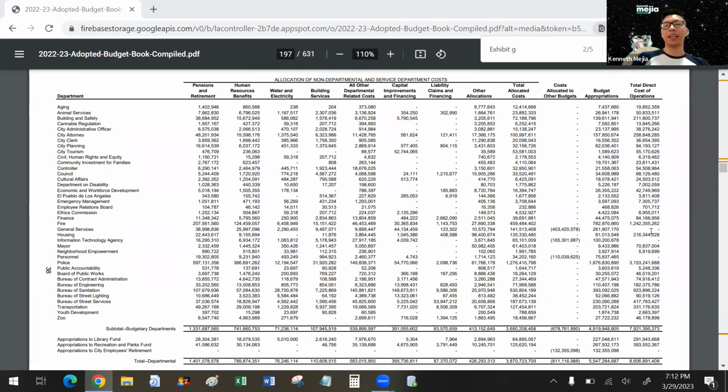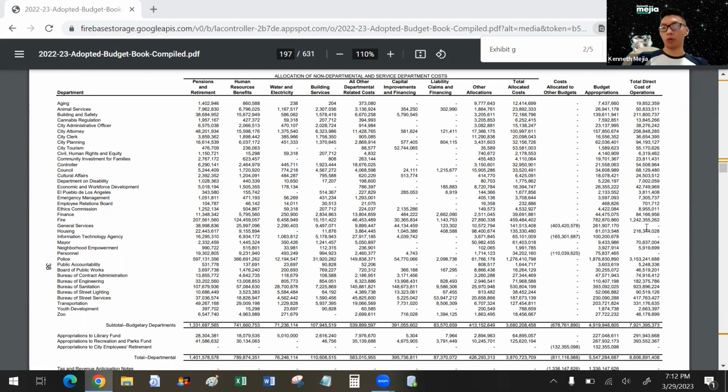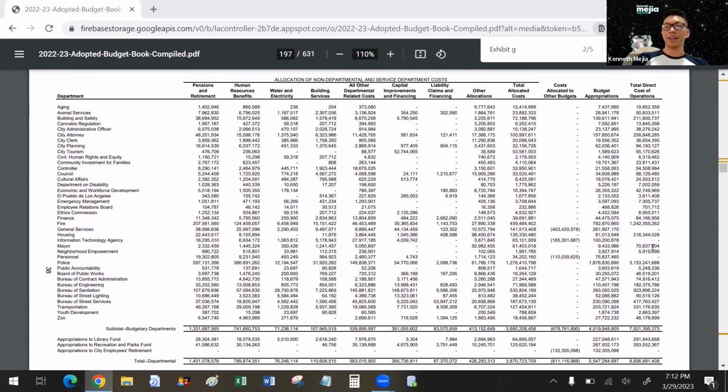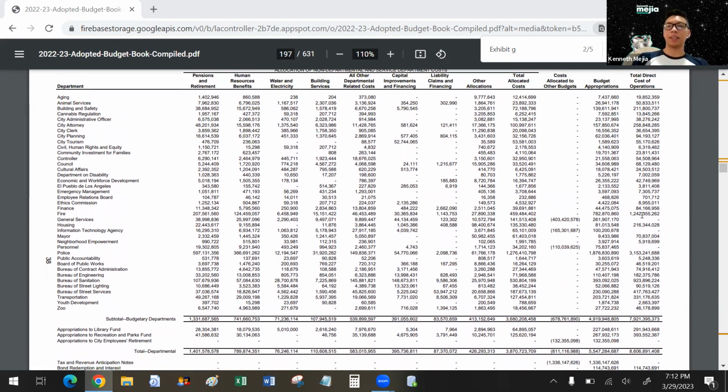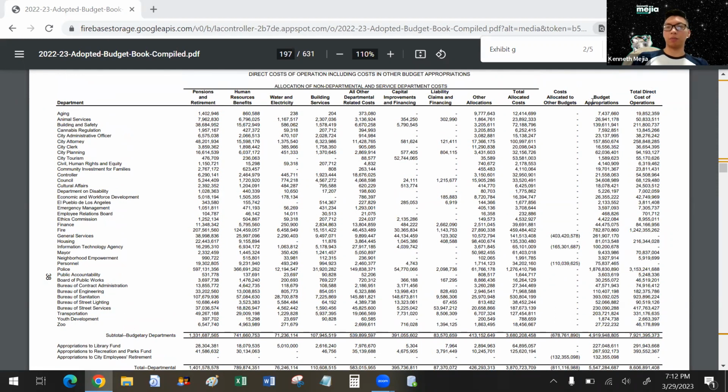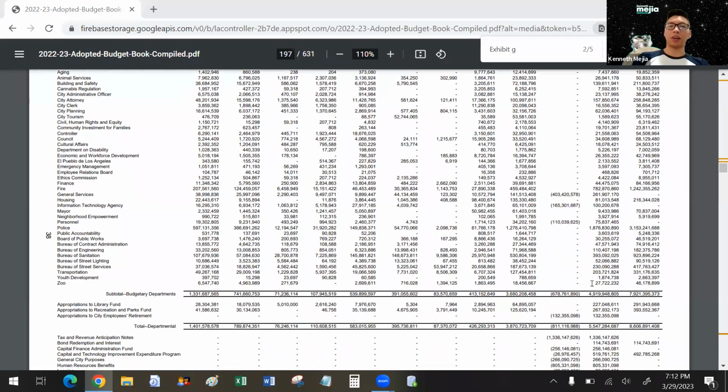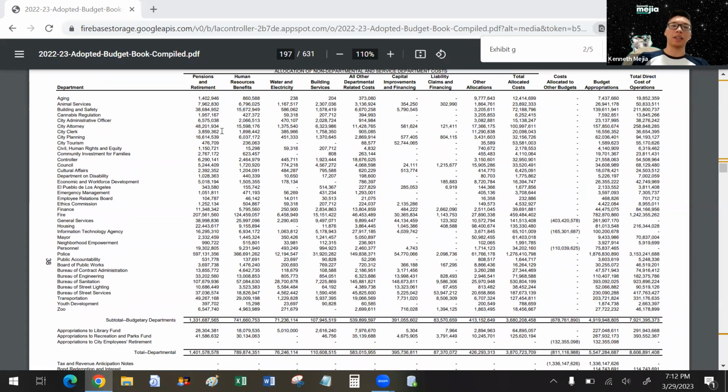A lot of the media only like to cite the operational budget, but if you wanted to know how much each department is slated to get in this budget, you would look at the total budget, which would be the far column on the right here. This shows you everything in terms of their operational budget, which is under the budget appropriations column, and also all other indirect costs or costs associated with that department.